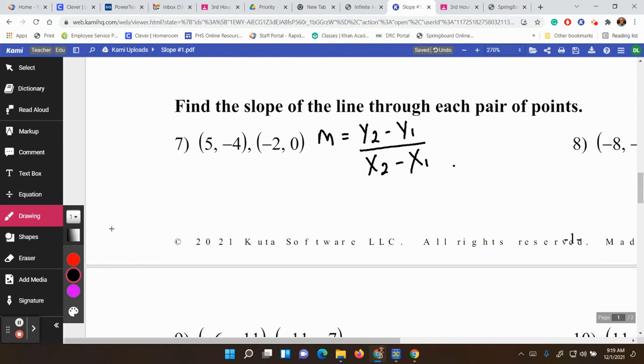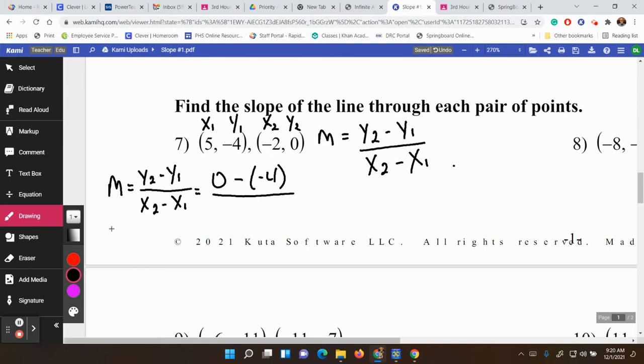So we're going to say this is our x1, this is our y1, this is our x2, this is our y2. And so we'll say slope equals y2 minus y1 over x2 minus x1. Remember, I want you to write the formula every time. That is going to be 0 minus a negative 4 over negative 2 minus 5.